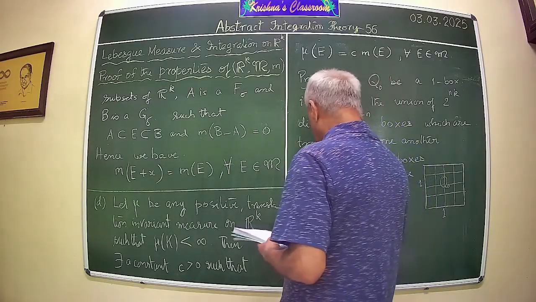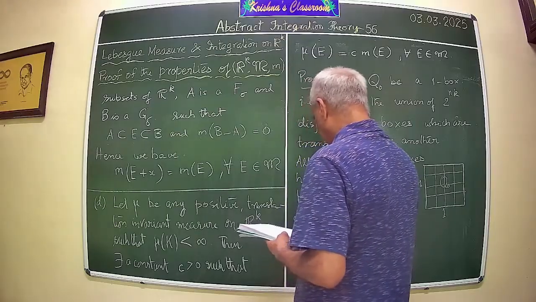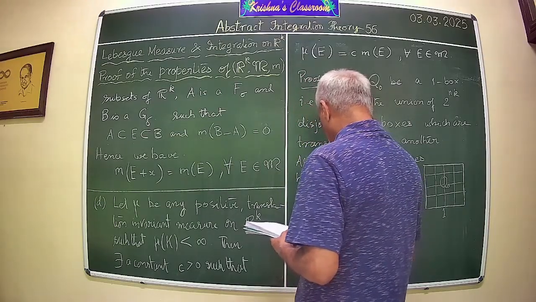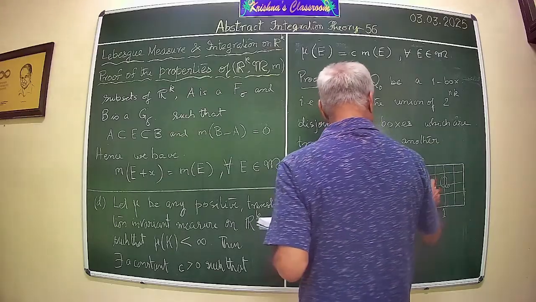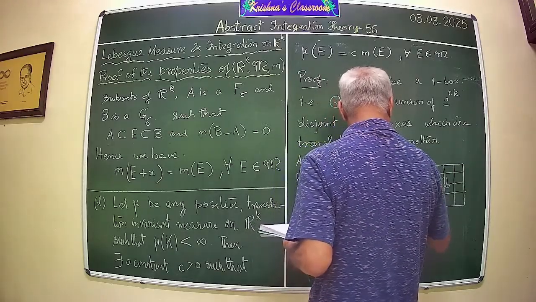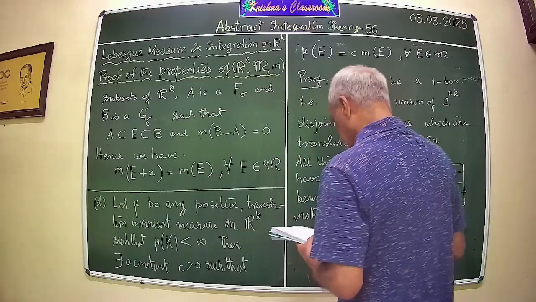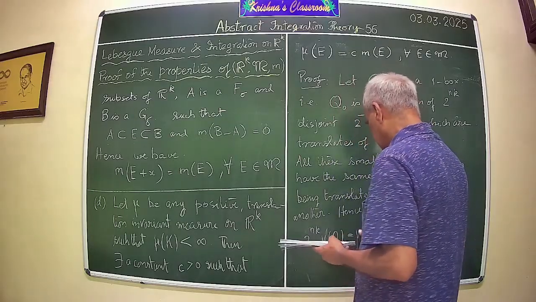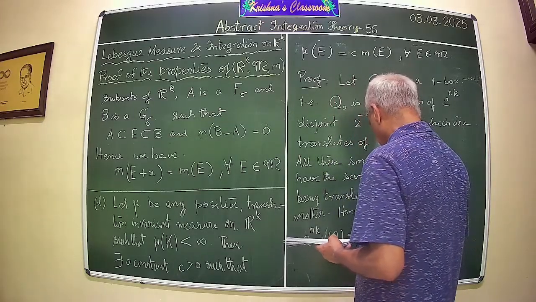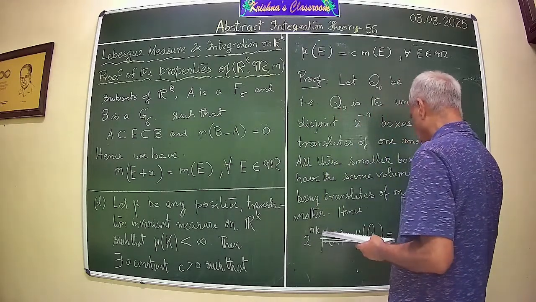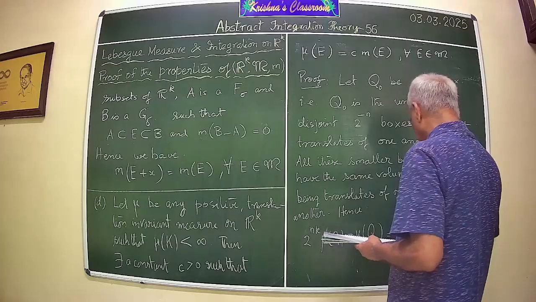2 to the power nk mu of Q, Q is a typical box here, each of them has the same measure, so this is equal to mu of Q naught. And this is equal to C of m of Q naught.